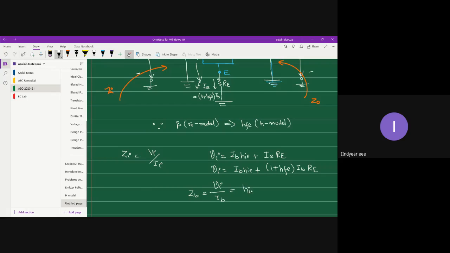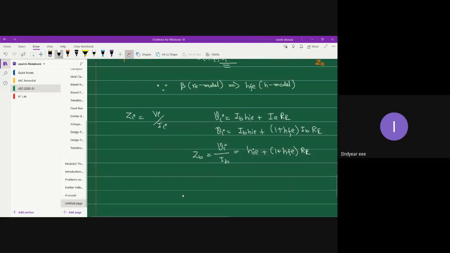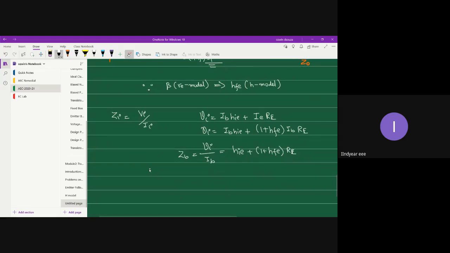ZB is going to be HIE plus 1 plus HFE into RE. Once the base impedance ZB is found, you can find ZI. ZI is going to be RB in parallel with ZB. It is similar to your RE model, just that in the ZB description you have H parameters.